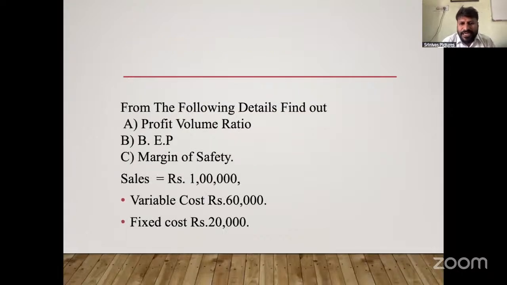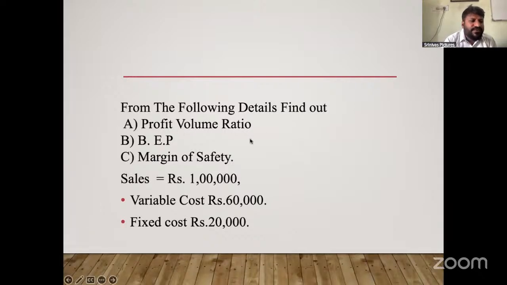From the following details, find out the PV ratio, profit volume ratio, break-even point, and margin of safety. Here, sales is equal to 1 lakh, variable cost is equal to 60,000, fixed cost is equal to 20,000. First we have to calculate the profit volume ratio.